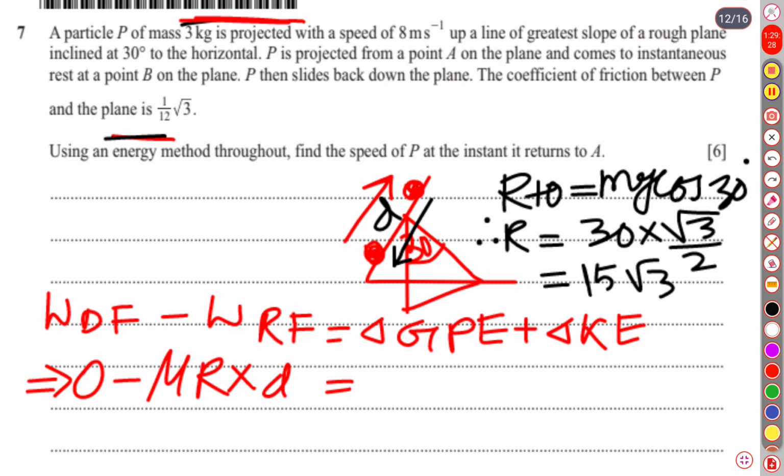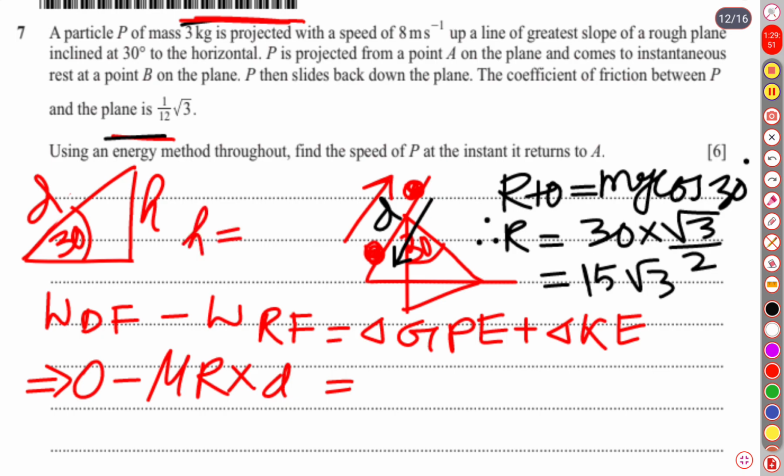Now we will have to find the height also. Let us find what the height is. If this angle is 30 degrees, this is our displacement and this is the height. So the height is h equal to d sine 30 degrees.